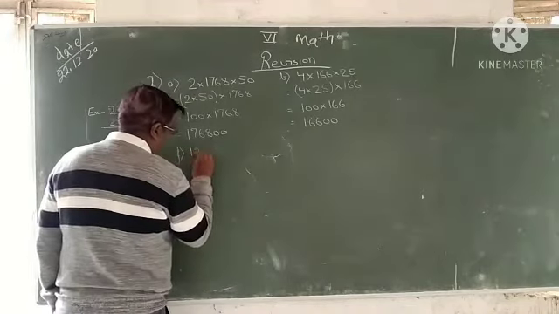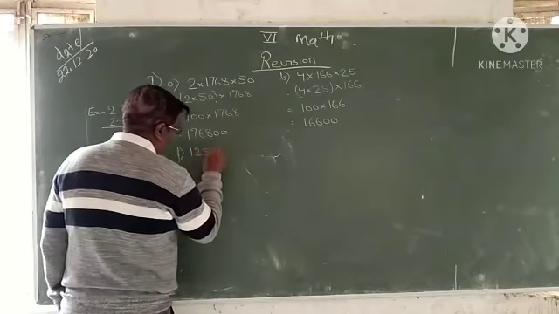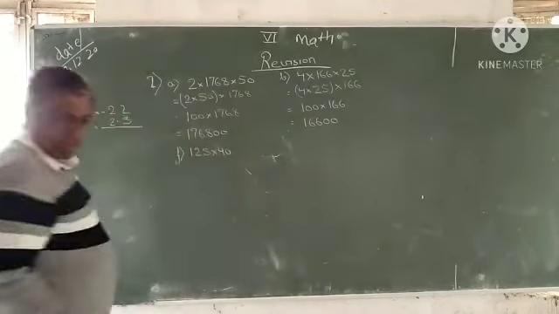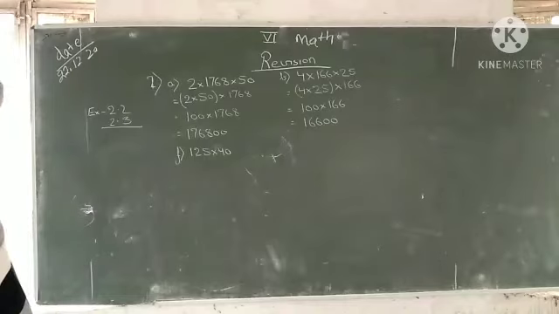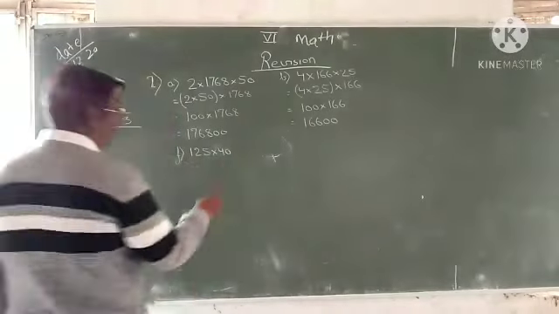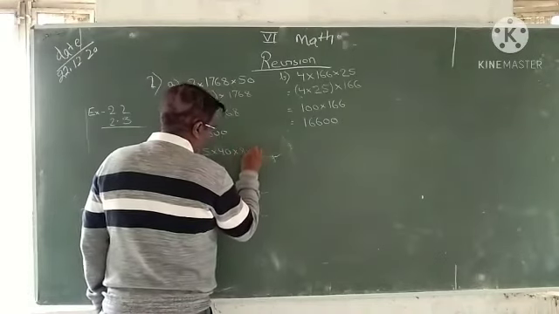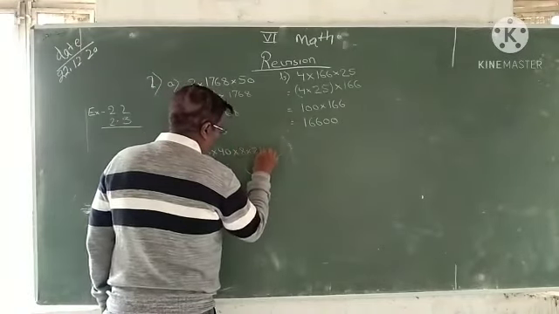It's 125 into 40 into 8 into 25 into 8 into 25.